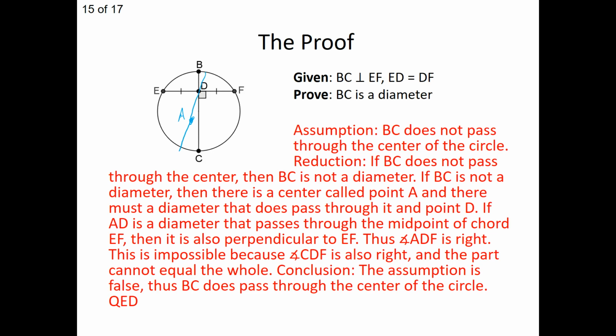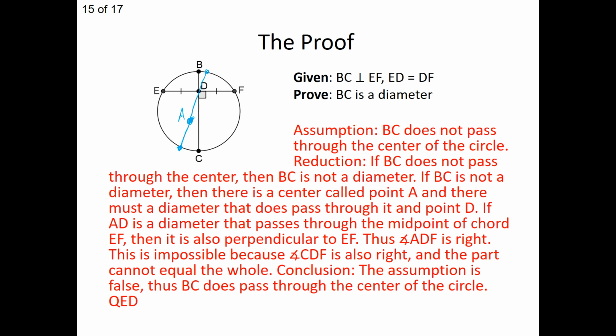This newly formed segment here is a diameter that does pass through our center point A. But then something kind of wonky goes on by us assuming that BC is not a diameter. If BC is not a diameter, then there is a center point called A, and there must be a diameter that does pass through that center and point D.